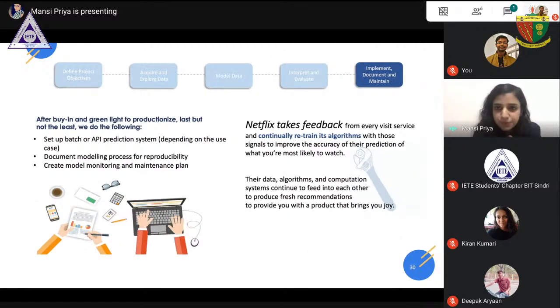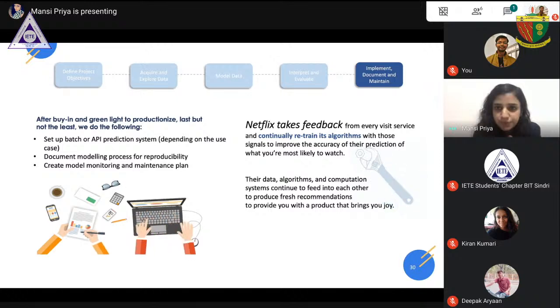When you have created a model that satisfies your needs on the evaluation metrics, then you build something like an API prediction system. It depends on the use case. Whether you want the predictions to be given through an API, you do that, or you can follow some other processes.